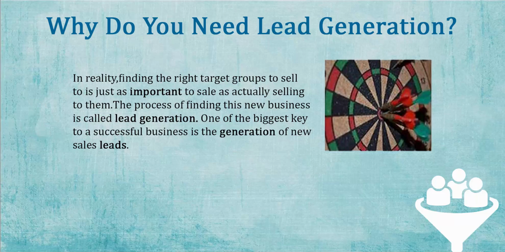It further says that the process of finding this new business is called lead generation, and one of the biggest keys to a successful business is the generation of new sales leads, which ideally means leads which would convert into sales.